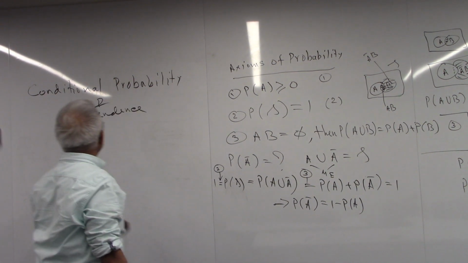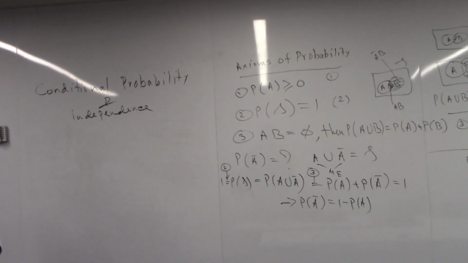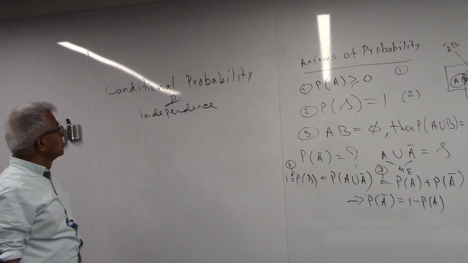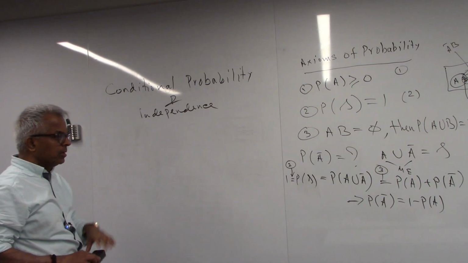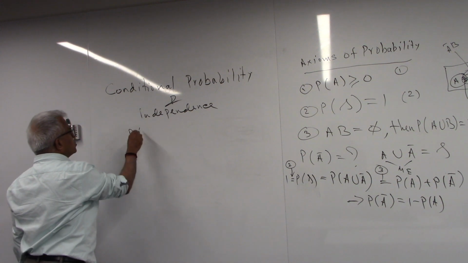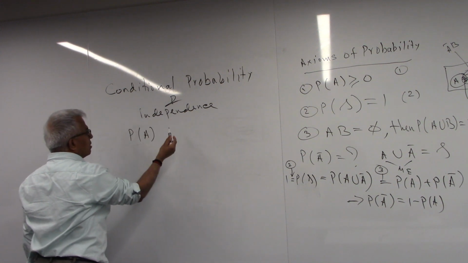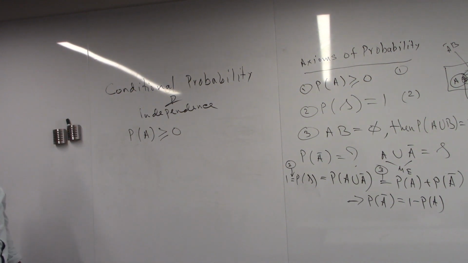All right, so this brings me to two new, important notions. One is conditional probability, and another one is independence. So let me do it together. About some experiment, we have some idea, let's say P(A).